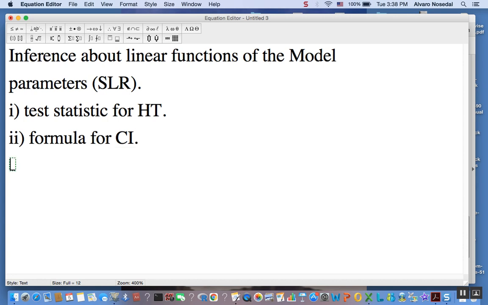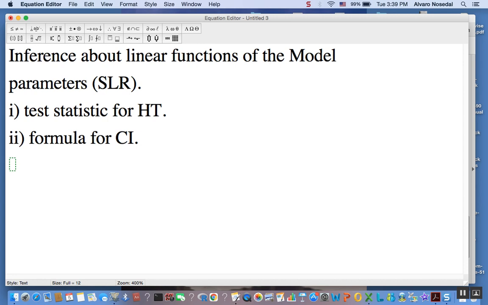Well, now before I actually show you what we mean by a linear function of the parameters, let's specify which model we are going to be using to derive this test statistic and then that formula for our confidence interval.